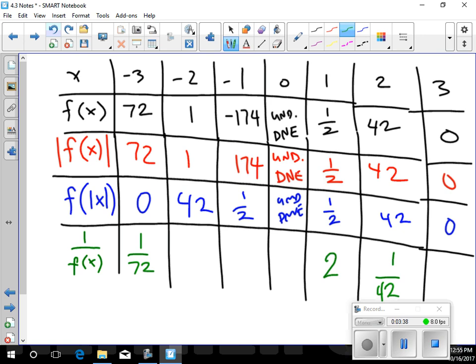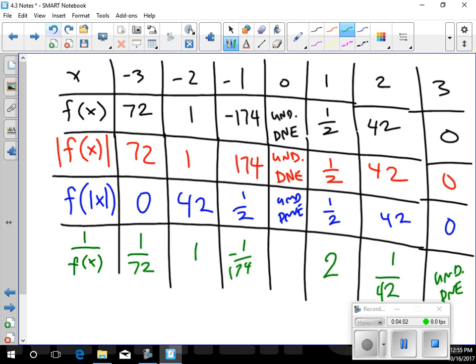What's the one number whose reciprocal is itself? 1. That's what I like to call the turning point, right? 1 over -174 is a really small negative number. 1 over 0, uh-oh. What happens here? That becomes undefined, so it does not exist.